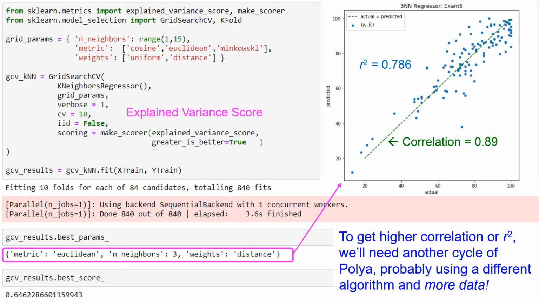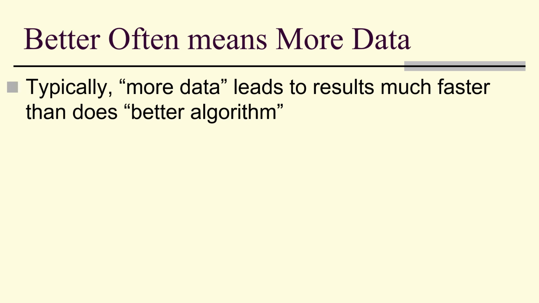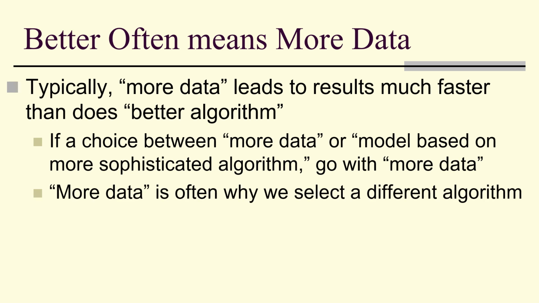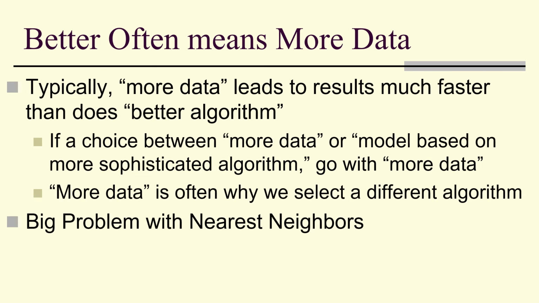If we wanted to get better, we'd probably have to use something besides nearest neighbors, or we'd have to use more data. Typically more data leads to results much faster than a better algorithm. If you have to choose between more data or a model based on a more sophisticated algorithm, we'll tend to go with more data. More data is often why we select a different algorithm.